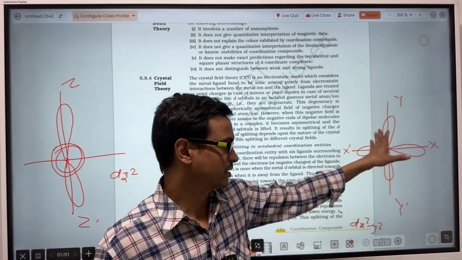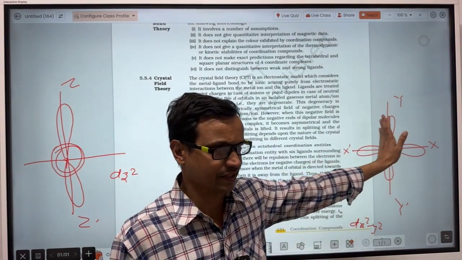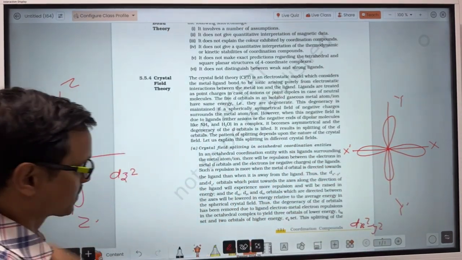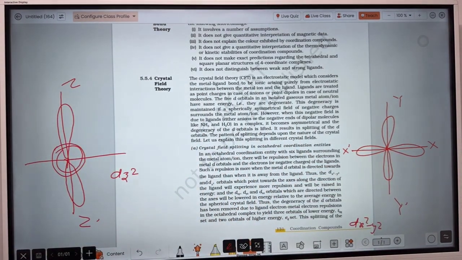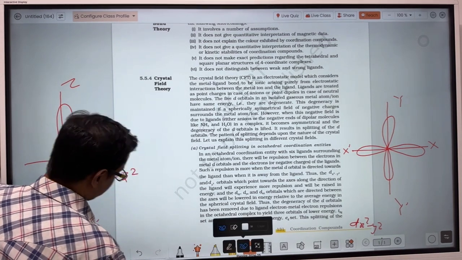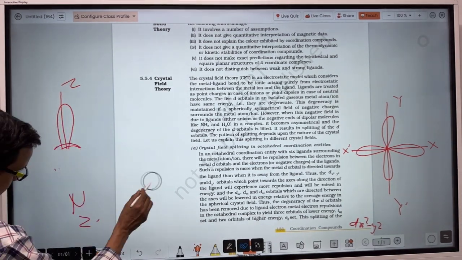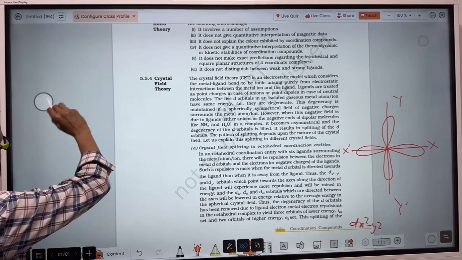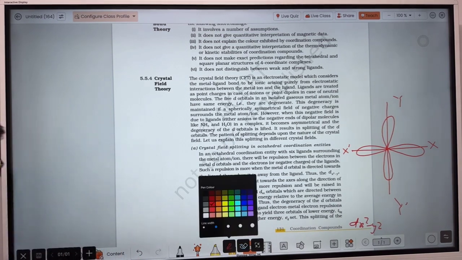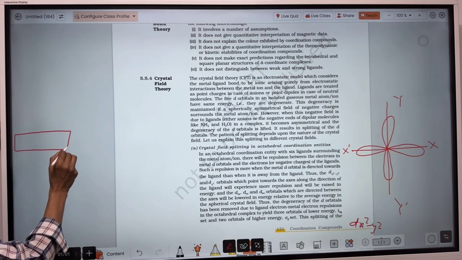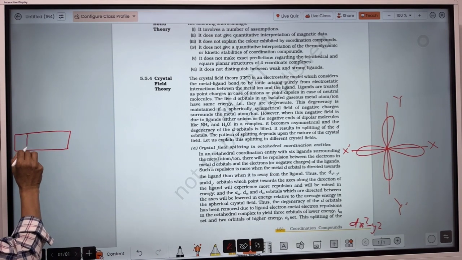The shape of the double dumbbell will be between the two coordinate axes, but here it's different, and that of dz square is different. So there are 5 d orbitals, and their names are dxy, dyz, dxz, dx square minus y square, and dz square.